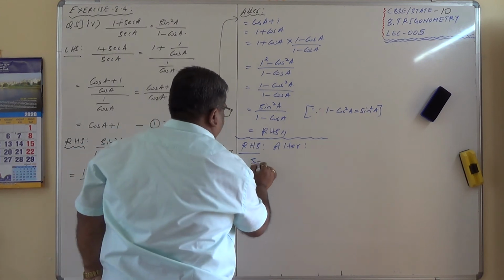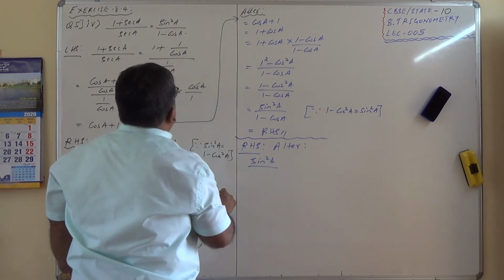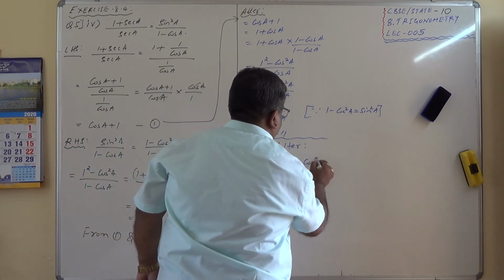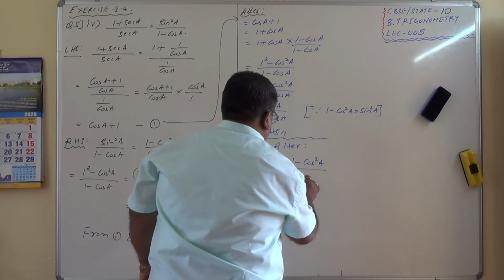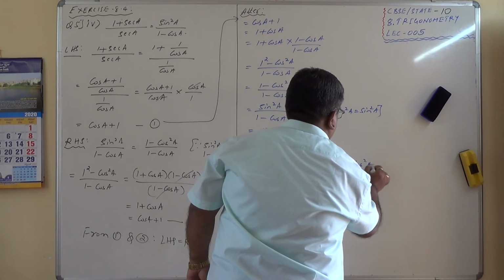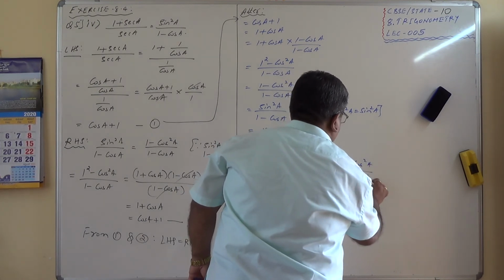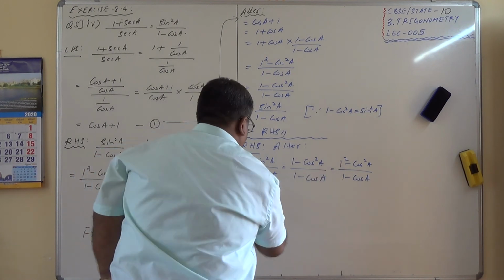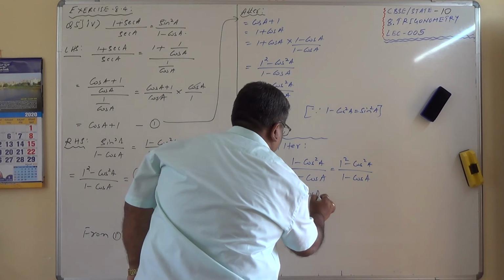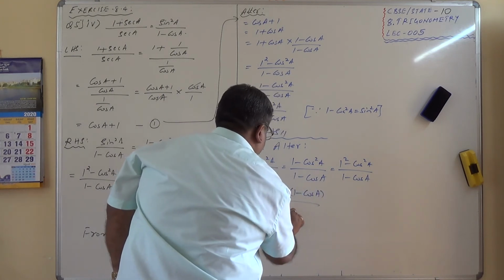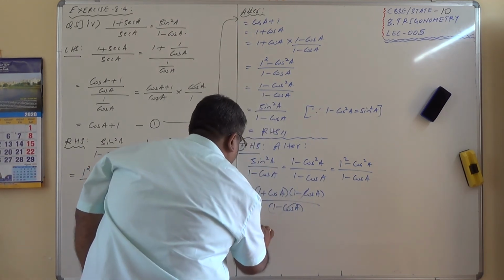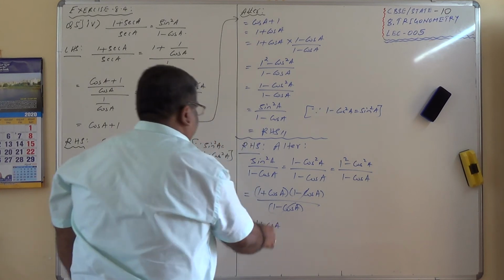RHS is sin square A by 1 minus cos A, which equals 1 minus cos square A divided by 1 minus cos A, which equals 1 square minus cos square A divided by 1 minus cos A. This can be written as 1 plus cos A into 1 minus cos A, the whole divided by 1 minus cos A. This will cancel. I am left with 1 plus cos A, same as it is.